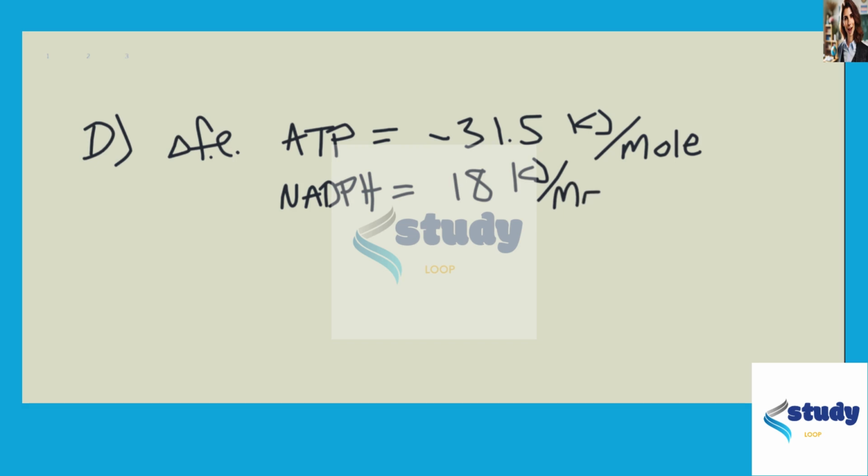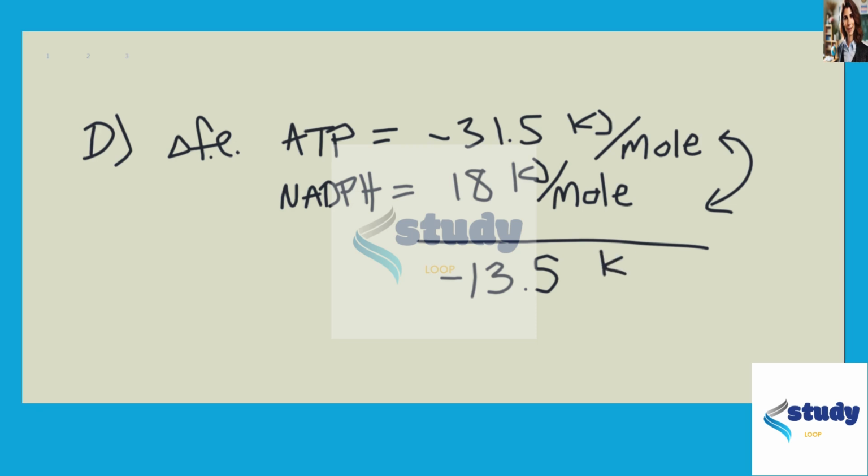And these are the production of the reactants. And so what is the total? Well, much like if you purchase two things and you want to know the total, you add them together. We're just going to add these two together to get our total. And so that's going to be negative 13.5 kilojoules per mole.